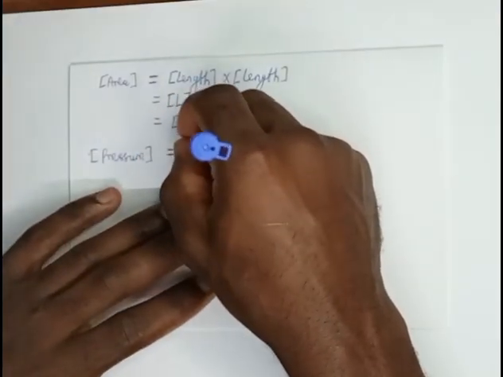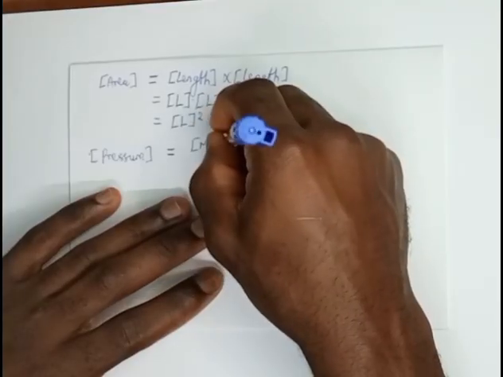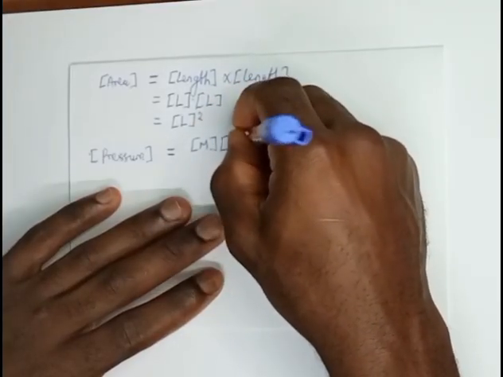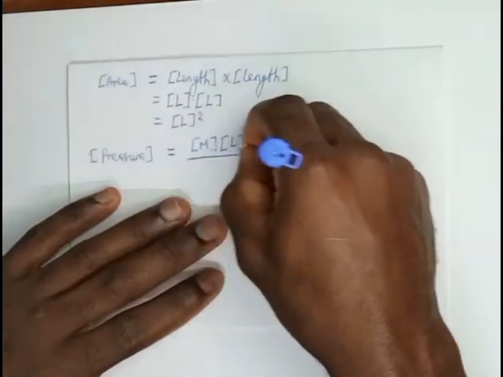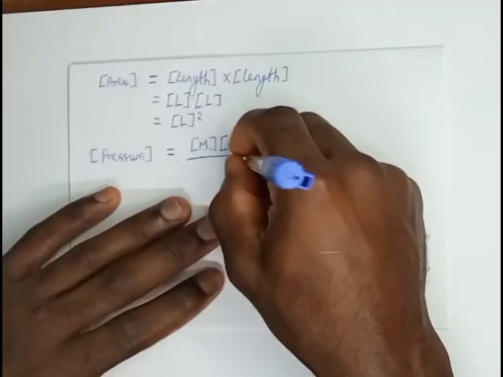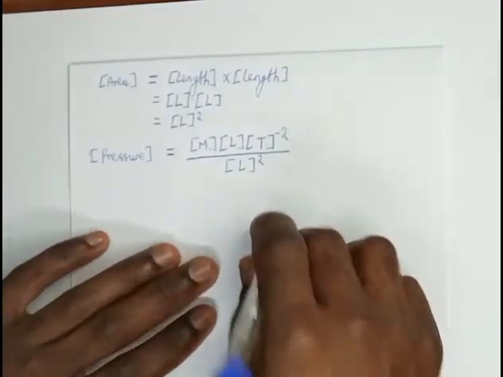So this will give us m times L times t to the power -2. We divide all this by L to the power 2.